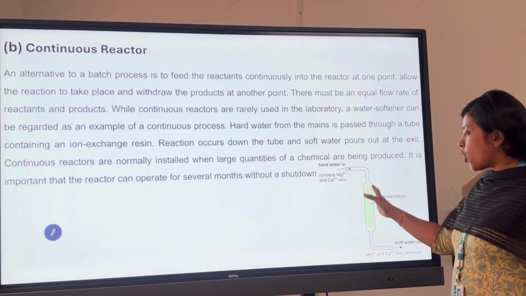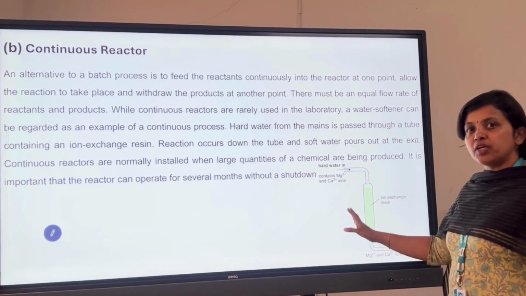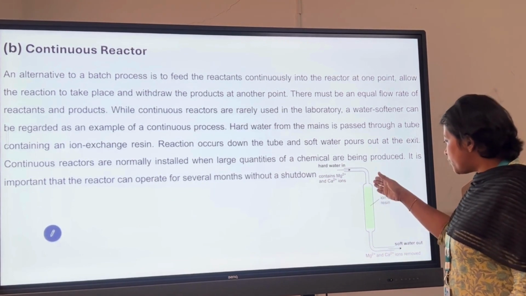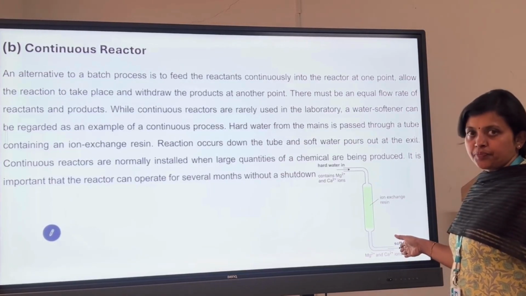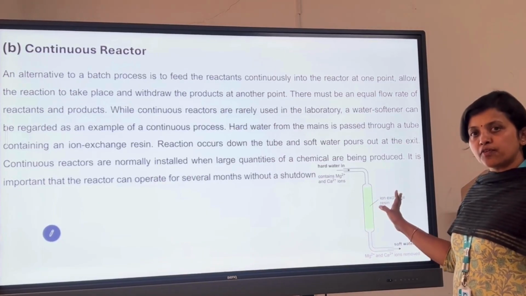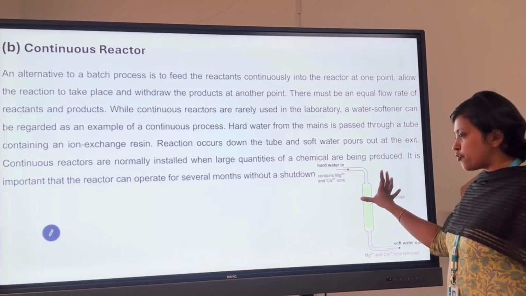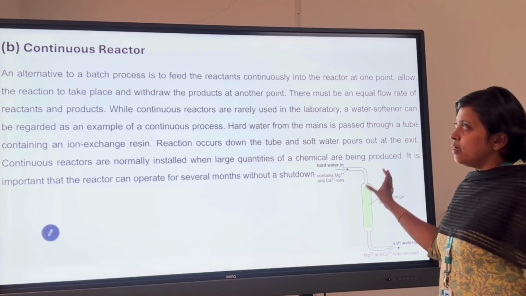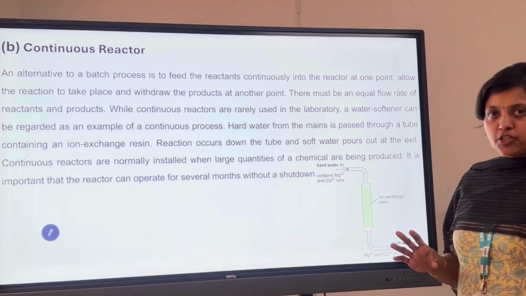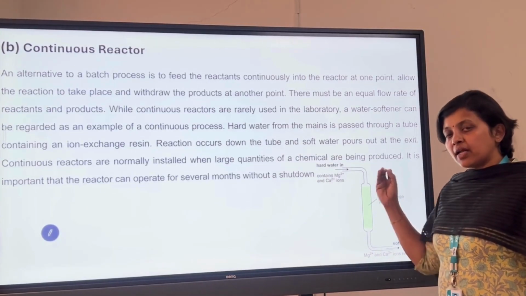Meanwhile, we will not stop the loading of the reactant. In parallel, we will load the reactant and unload the product. The reaction will be happening for the entire 24 hours or on a shift basis, but this reactor never gets stopped.